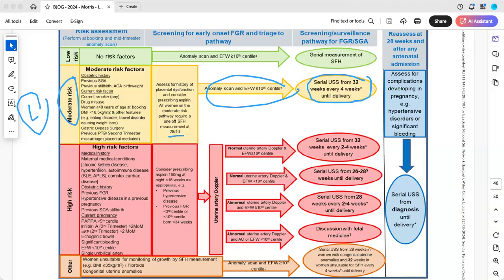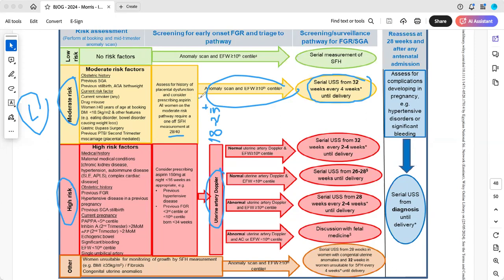How about high-risk individuals? High-risk individuals, they will have assessment, okay? We can advise them aspirin, of course, right? And we will advise the screening by the uterine artery Doppler. When to do the screening by the uterine artery Doppler? It's from 18 to 23 plus 6, before 24 weeks.